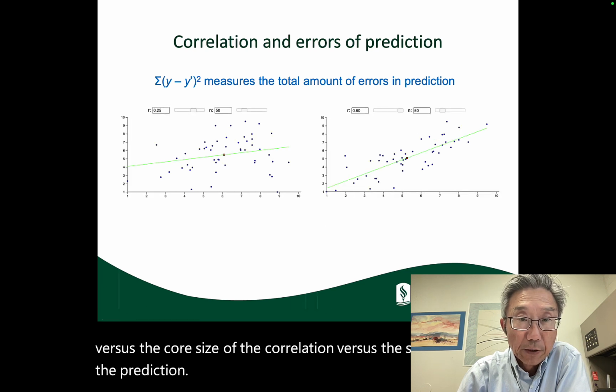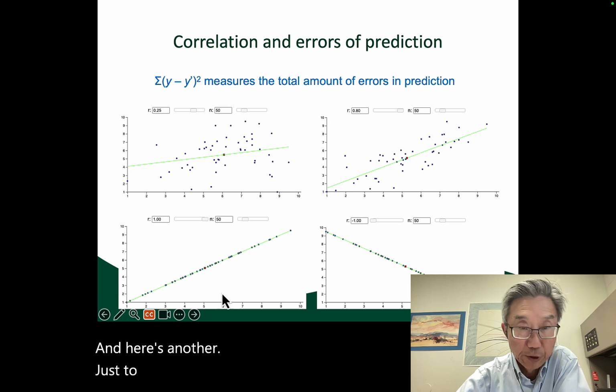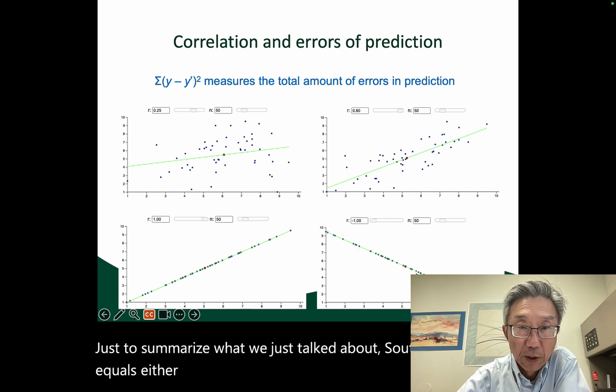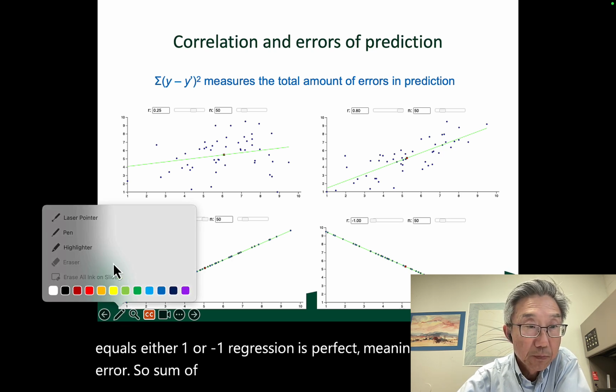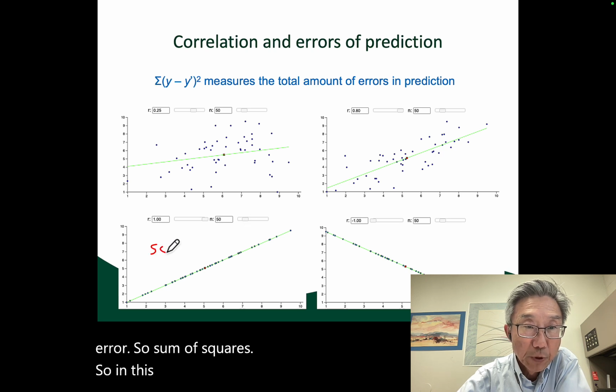And here's another, just to summarize what we just talked about. When the correlation equals either 1 or -1, regression is perfect, meaning there is no error. So in this case, the sum of squares residual, or error, equals 0.